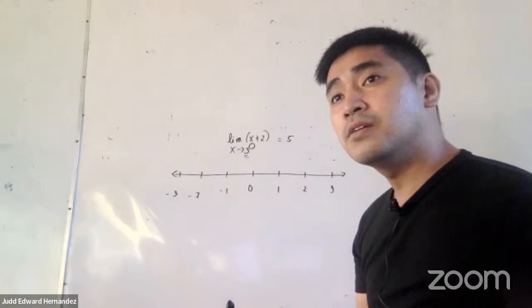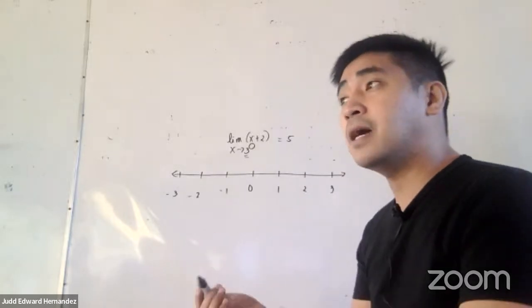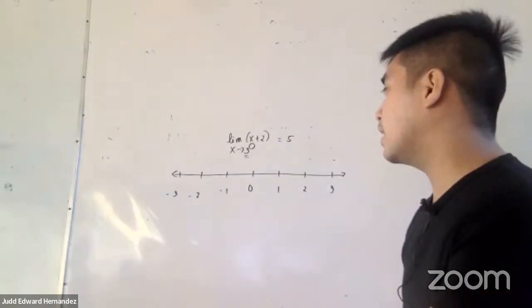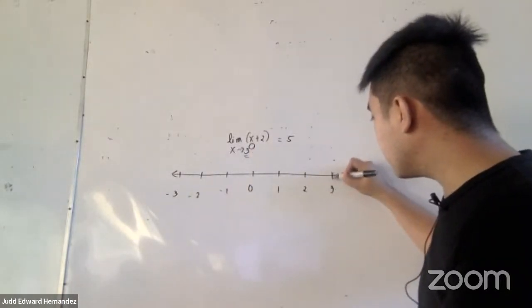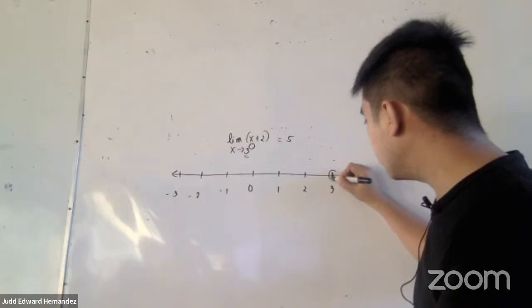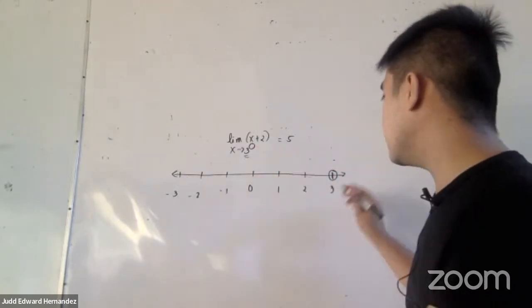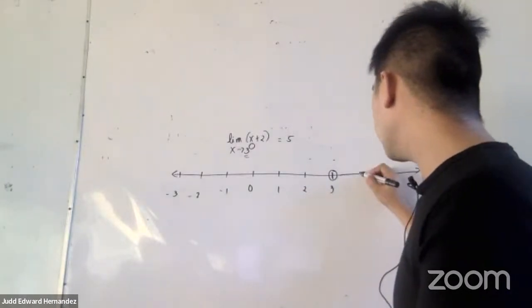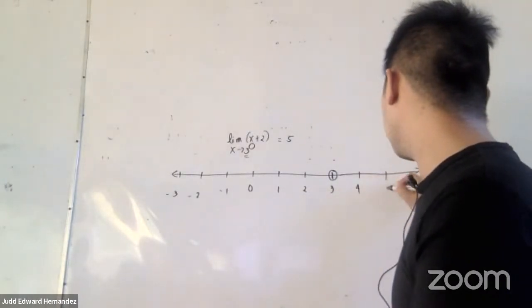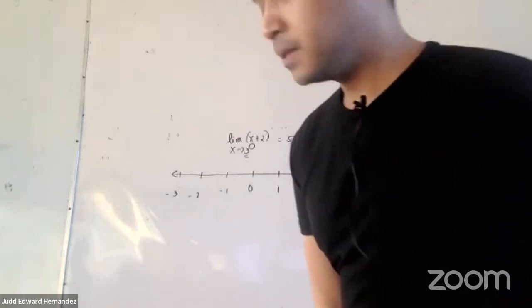Okay, so i-discuss natin kung paano natin malalaman kung galing siya sa kaliwa or galing siya sa kanan. Eto po si 3 na meron tayo. So, as x approaches 3. Pero paano natin masasabi yung mga iba pang values na meron dito?